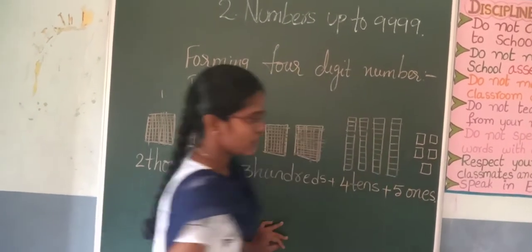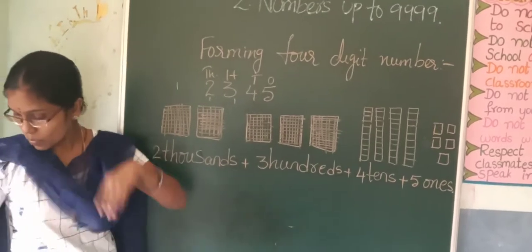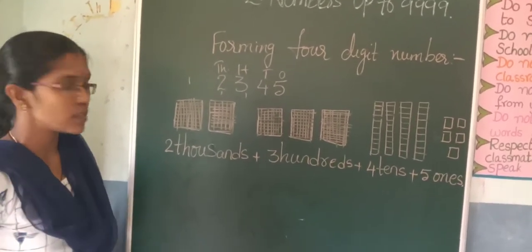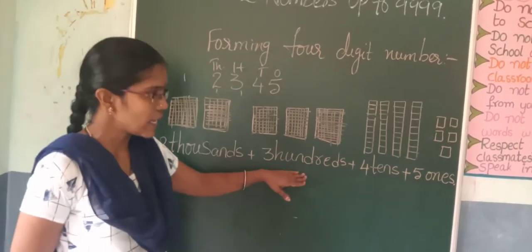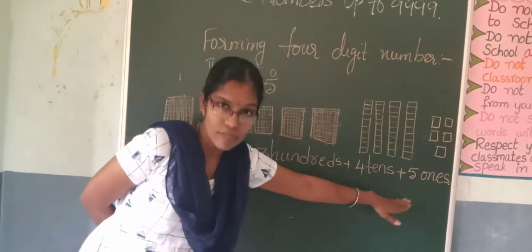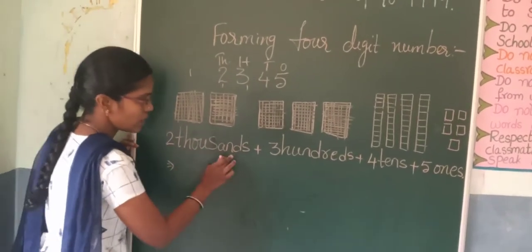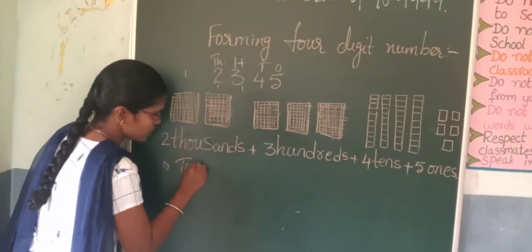So now how will we read this one? 2345. Okay. Now we have to write how we are reading. See here how much? 2345.